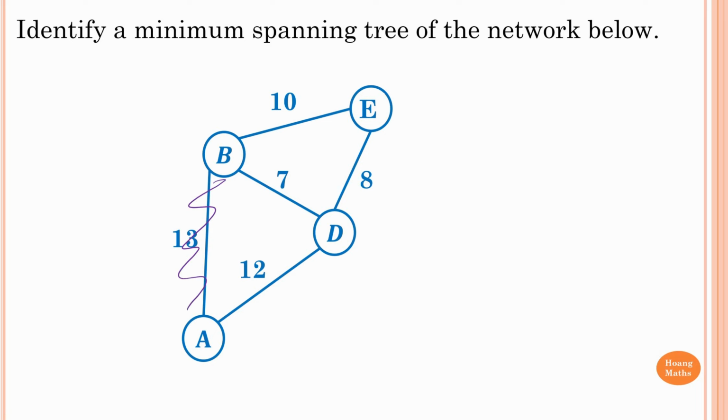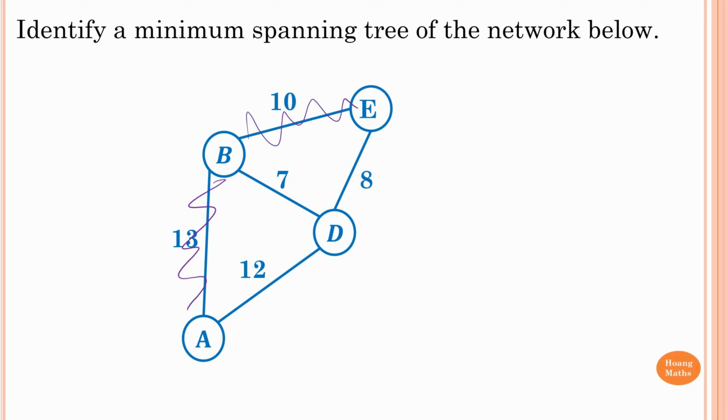And then of course, I can't remove 12. Because if I remove 12, what happens? A doesn't connect with D, or doesn't connect with B. Because I removed 13, I have to leave that there. Then the next one we focus on is 10, because 10 is the heaviest after 13 and 12. So we try to remove 10.